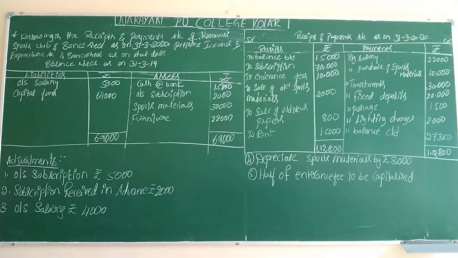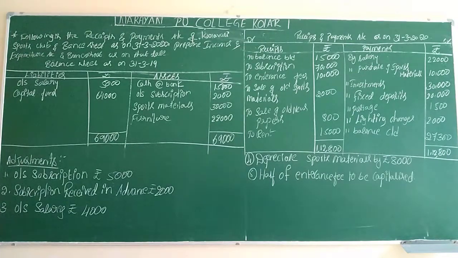Receipts and payments account as on 31st March 2020. Receipt side: balance brought down, subscription, entrance fees, sale of old sports materials, sale of old newspapers, rent. Payment side: salary, purchase of sports materials, investments, fixed deposits, postage, lighting charges, balance carried down.